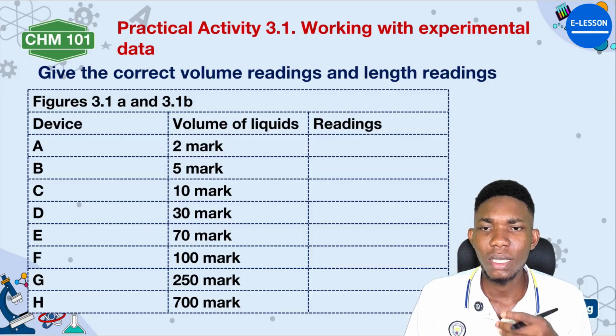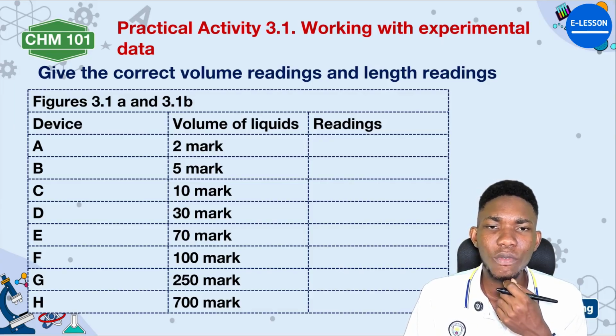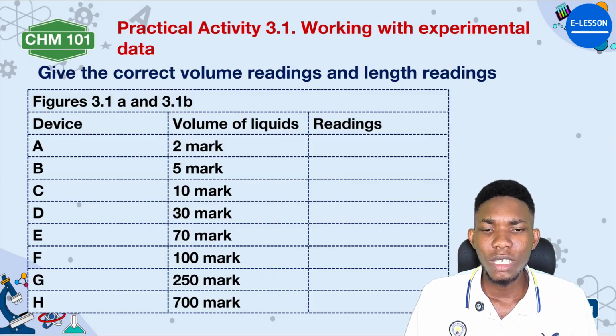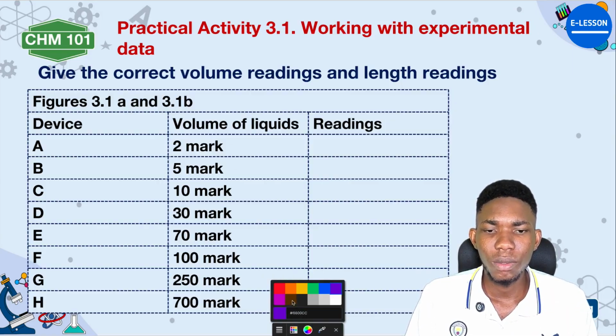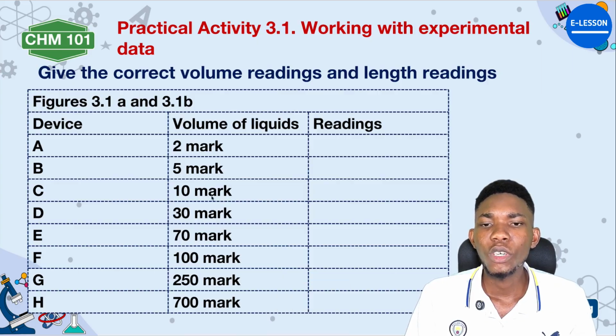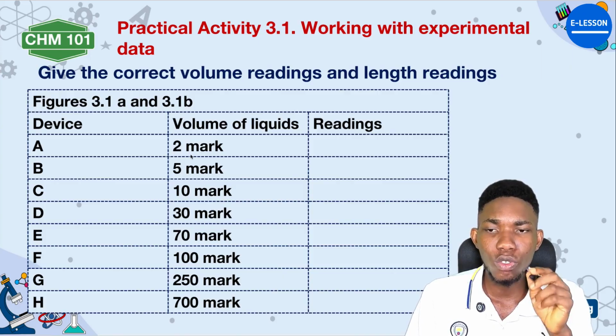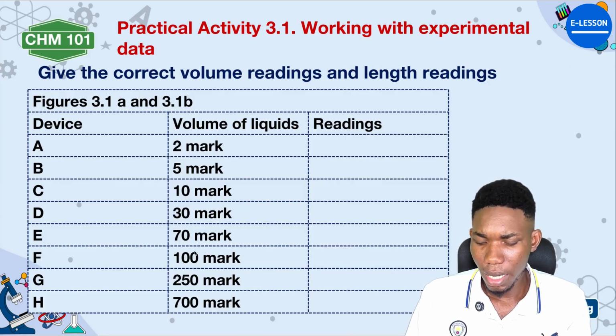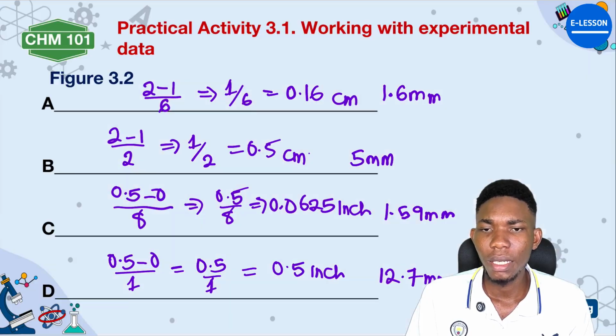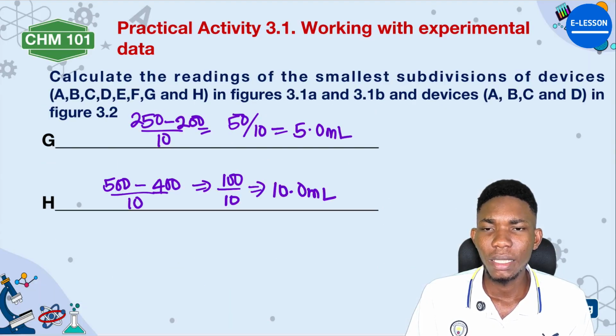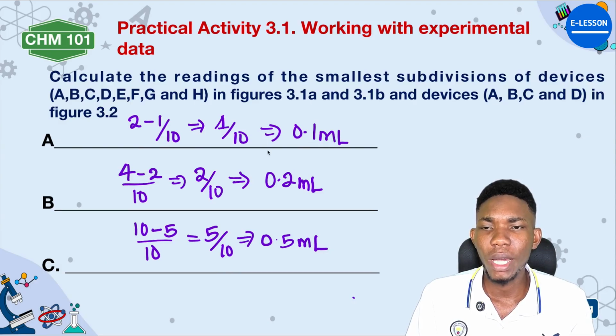Now, the next one is give the correct volume reading and length reading for the following. Now, for this particular one, listen, for the fact that they say volume at 2 mark. At 2 mark, what is the lowest reading for A that we calculated earlier? The lowest reading for A we calculated was 0.1.